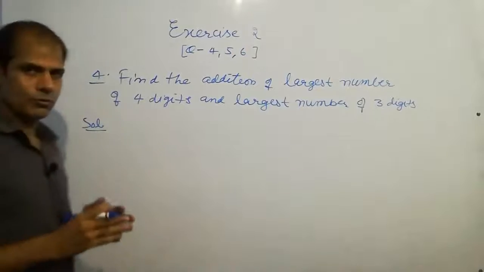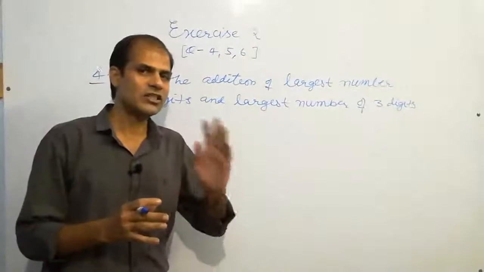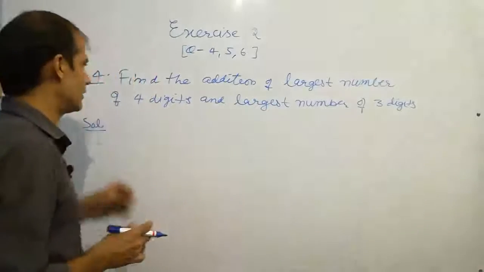Solution. I hope you know which is the largest number of 4 digits and 3 digits.